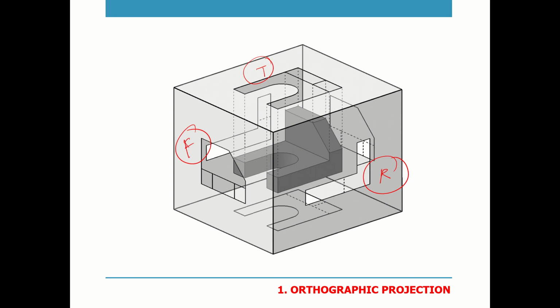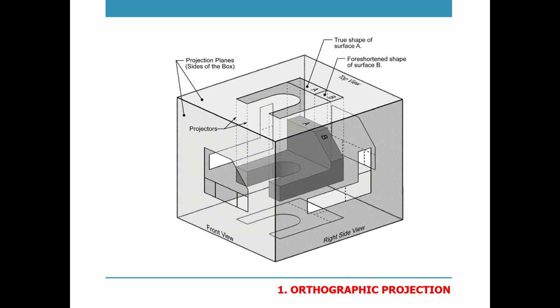Let me move further and then come back if there are any questions. Further explanation for the same object. As I said, this is front view. And these are further detailing.